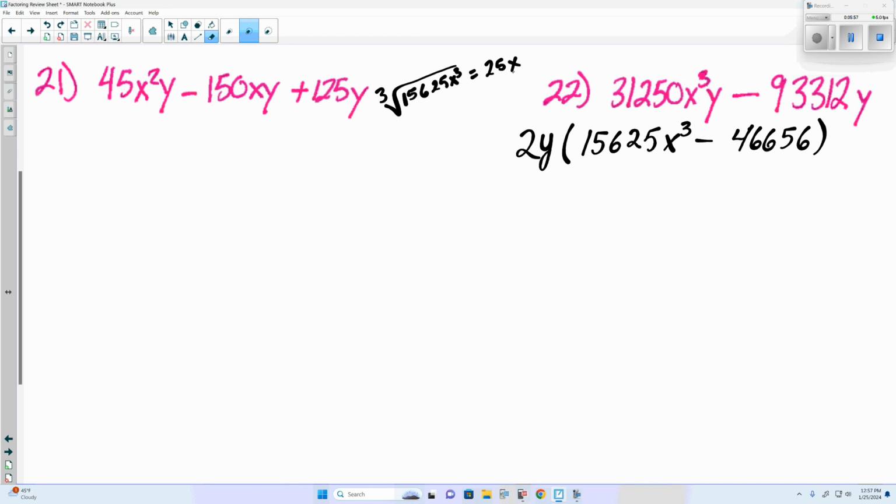So our cube root of 15,625x cubed is 25x. And our cube root of 46,656 is 36.